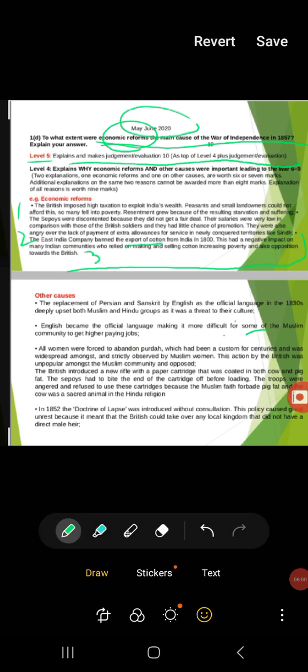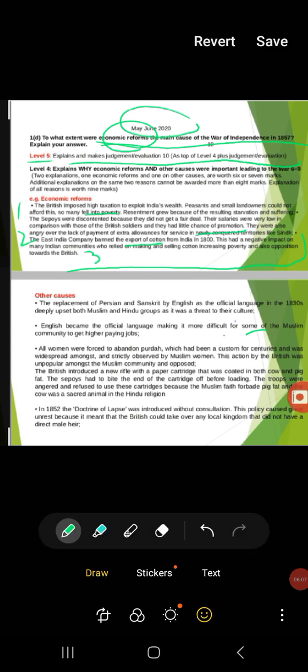Export of cotton, high taxation, and chances of promotion and low salaries. These are 3 points given for the economic reforms, which paved way for discontentment and caused the War of Independence to take place.